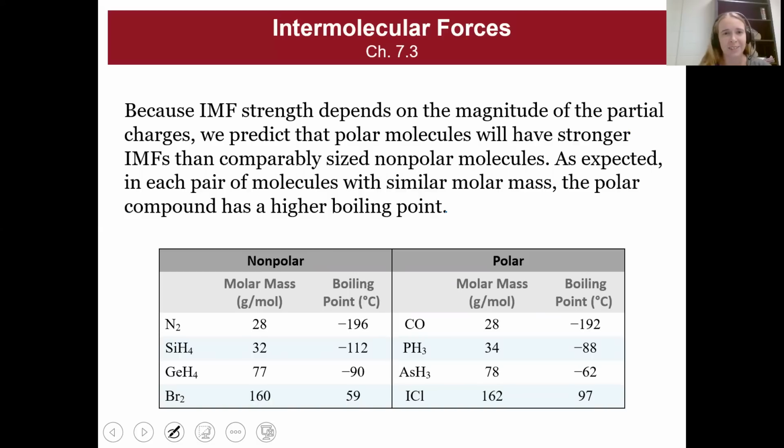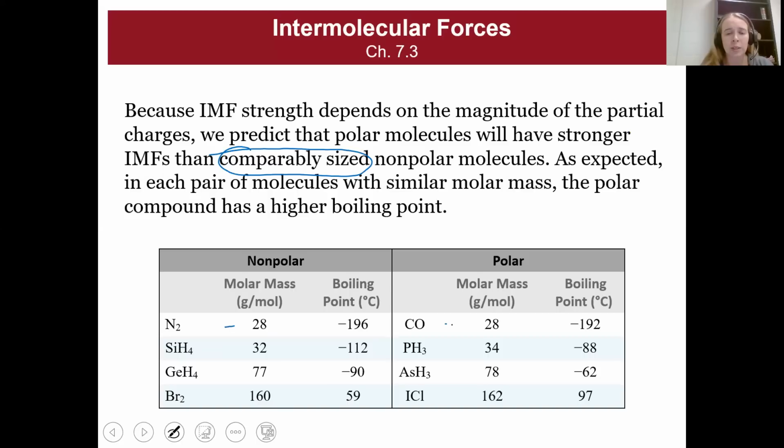Because intermolecular force strength depends on the magnitude of the partial charges, we predict that polar molecules have stronger intermolecular forces than comparably sized, and this is the key word, comparably sized nonpolar molecules, which we see in this table is true. In each pair of molecules with a similar molar mass, the polar compound has the higher boiling point.